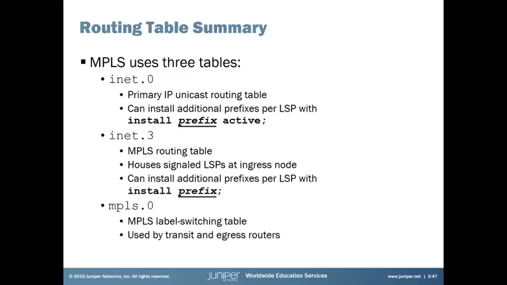So it handles these signaled LSPs. We haven't really got into those yet, but we will. MPLS.0 is the MPLS label switching table used by transit and egress routers. So that's where the label value is associated with the egress interface on the router. So that's the next hop lookup based on label value.